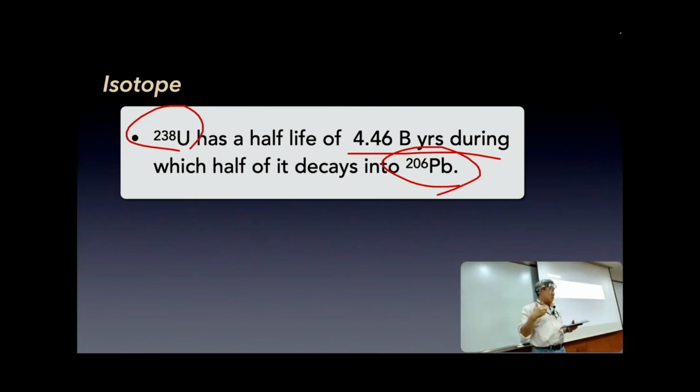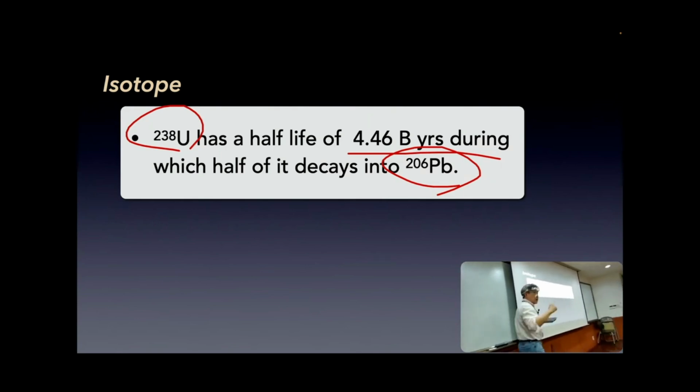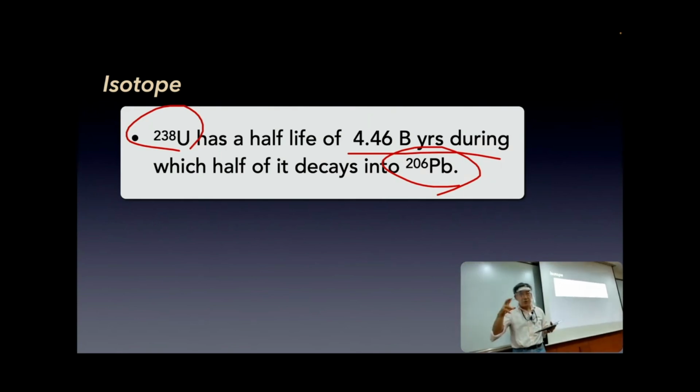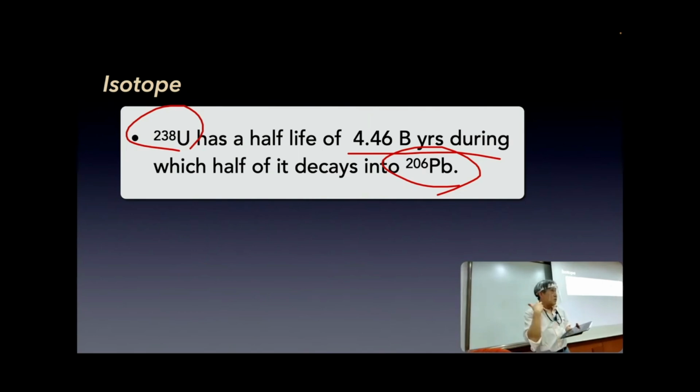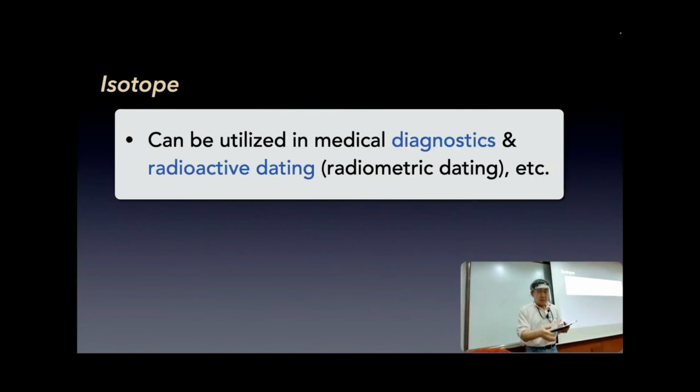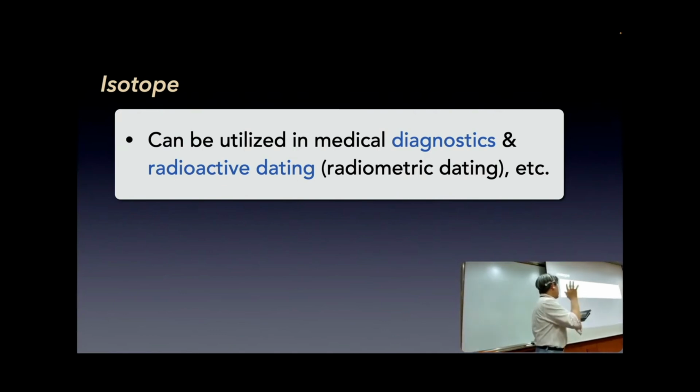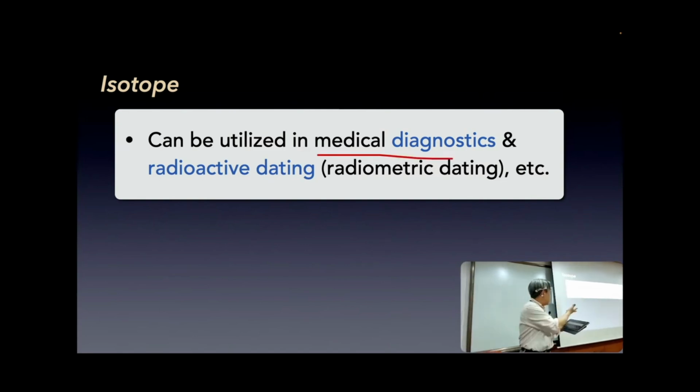In doing many different experiments, radioactive isotopes have been a very, very valuable tool with which we can do many different types of diagnosis and stuff like that. So basically, there are mainly two lines of utility of radioactive isotopes. One is medical diagnosis, and the other area, which is also important, is radioactive dating.